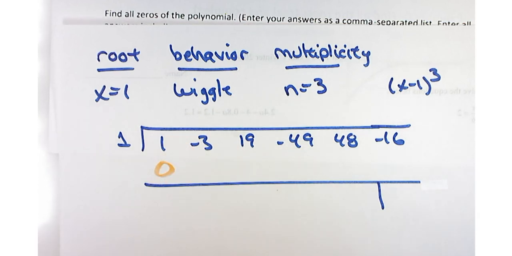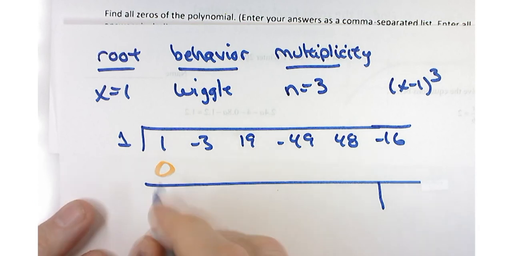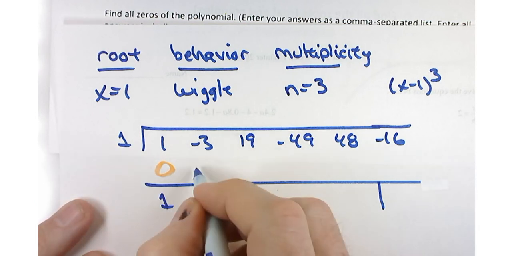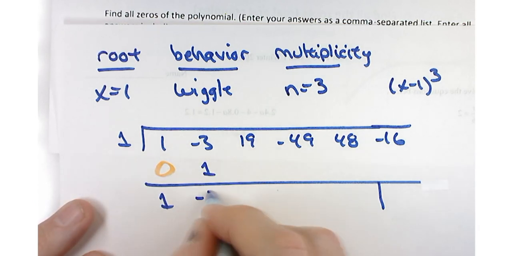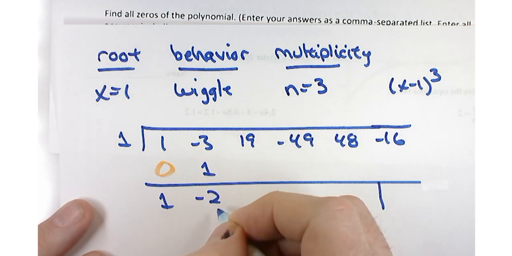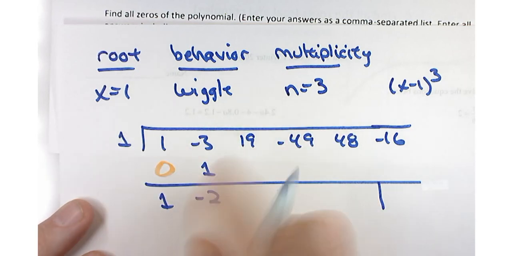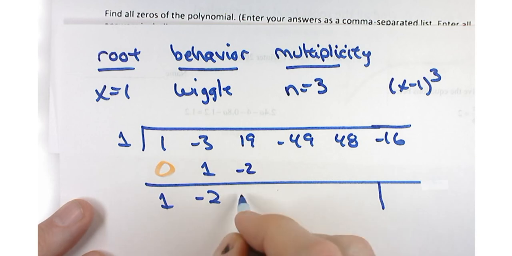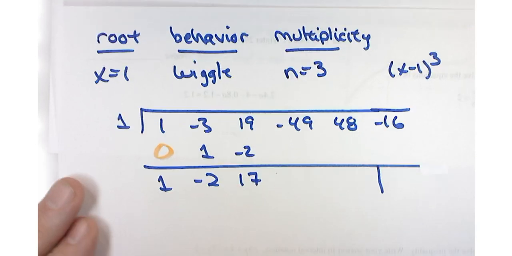Now you add to go down, so it's going to be a 1. Multiply to go up, that's a 1. Add to go down is negative 2. Multiply to go up, still negative 2. Add to go down, 17.